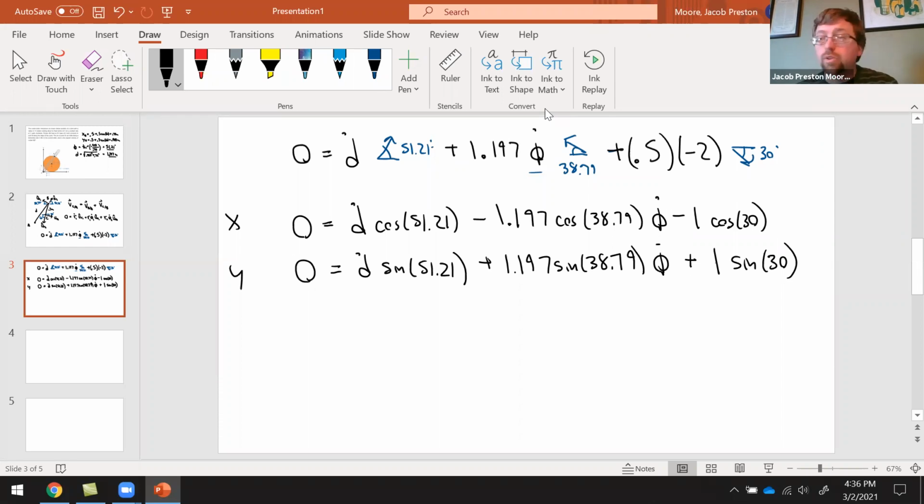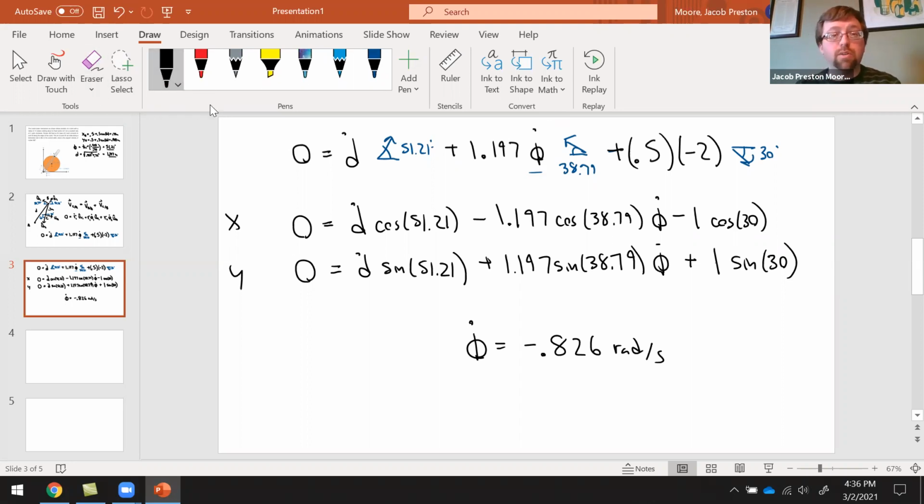If you do that, you're going to get a phi dot value of -0.826 radians per second. You can also, if you're interested, solve for d dot, but I did not solve for that one, so let's skip that.